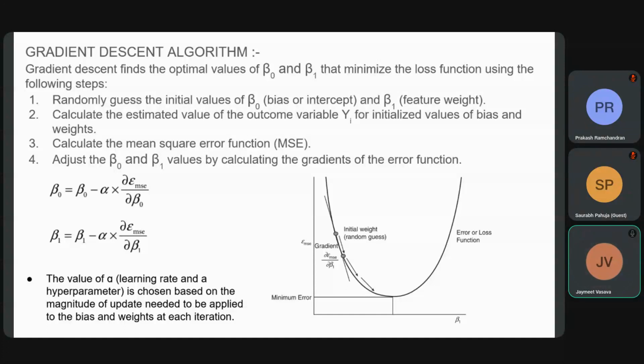The same goes for a very low alpha: the model will start learning the very minute details that it shouldn't have learned, and will not be able to generalize the data set well. So alpha is like having a balanced value which learns nicely as well as quickly.